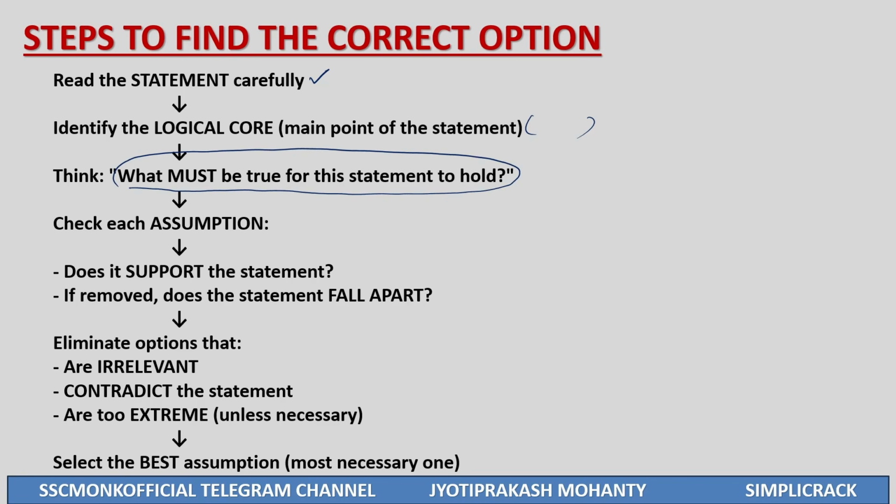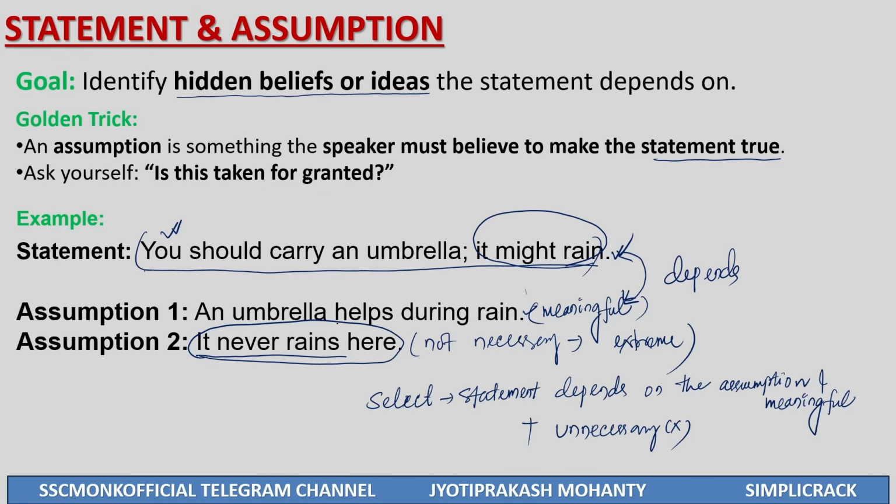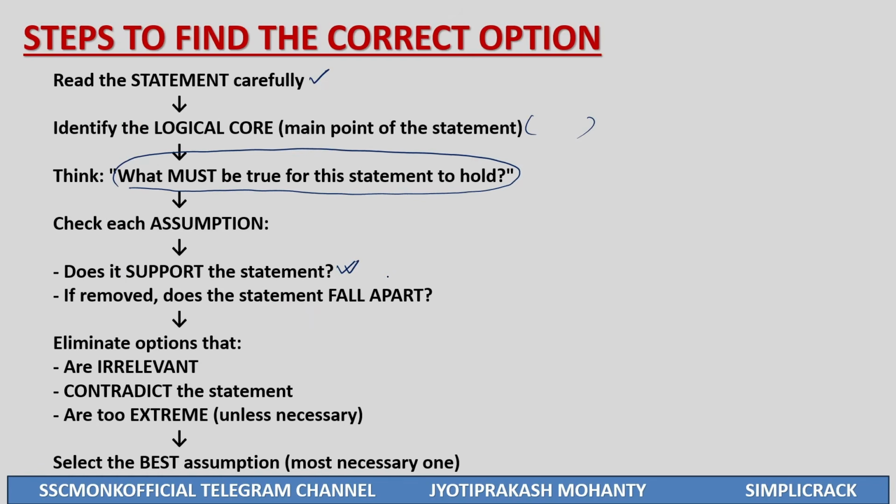So when you go to the assumption part, you first check whether this assumption supports the statement. Like in this question, the first assumption was an umbrella helps during rain, so this is supporting the statement. But the second assumption, it never rains here, is unnecessary and contradicts that statement, so it does not support. So first we'll understand whether it supports or not.